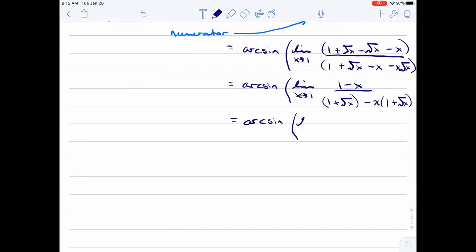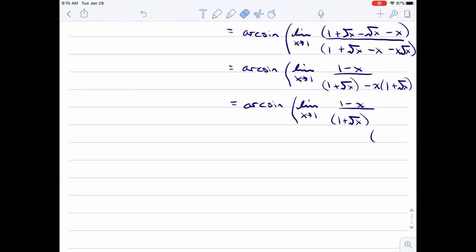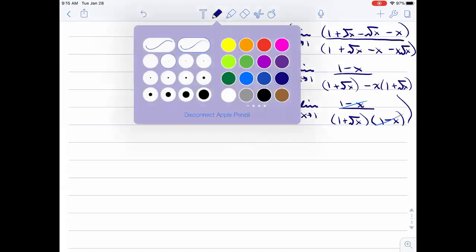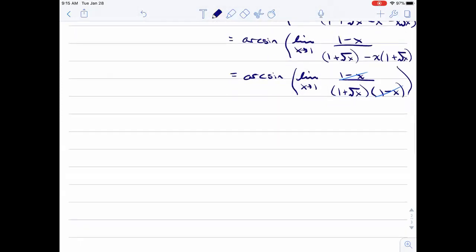So then we're taking the arc sine of the limit as x approaches 1 of 1 minus x over 1 plus root x times 1 minus x. Now these cancel, and again I'm just left with 1 over 1 plus root x.